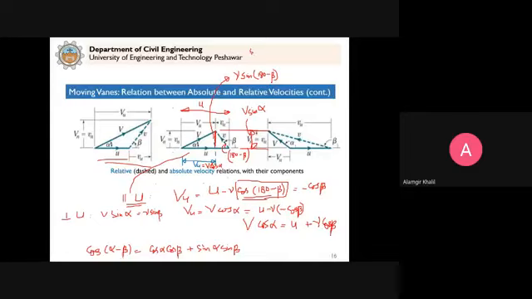And you already know that sine of alpha minus beta is equal to sine alpha cos beta plus or minus, in this case minus, cos alpha into sine beta.